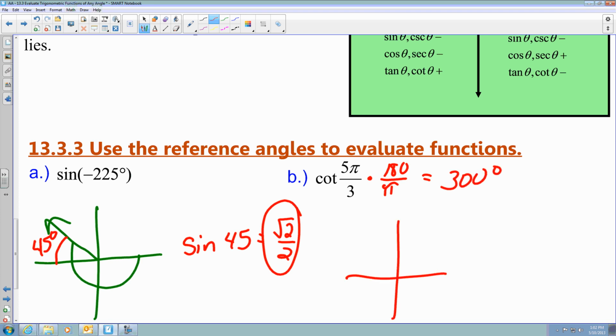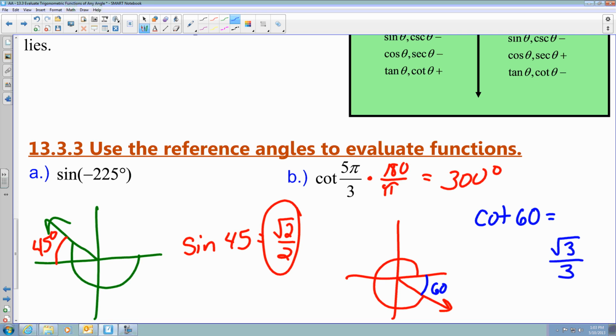I make this here, I go somewhere right around here, which means I have to find my reference angle located right there, and that happens to be 60. So basically what they want you to find is the cotangent of 60 degrees.